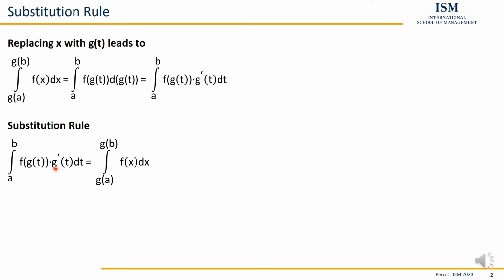The only important thing, after substitution, the only variable you're allowed to have is the x. You're not allowed to have any t anymore after substitution. So if you're not sure, just try this out.